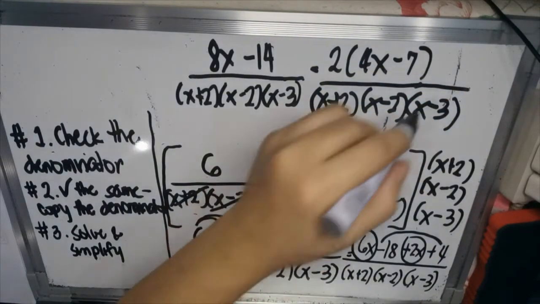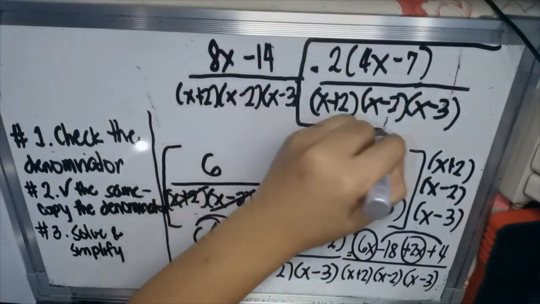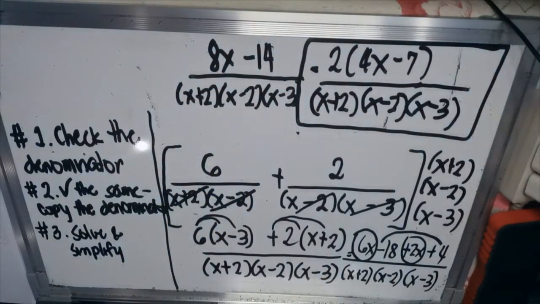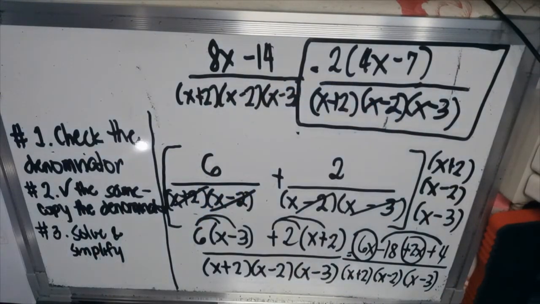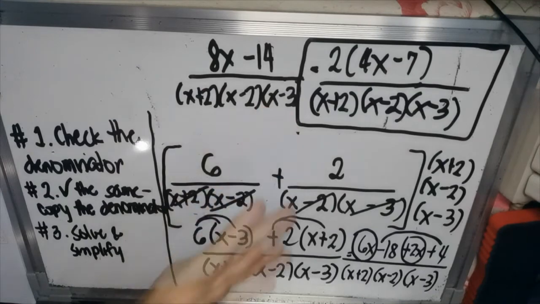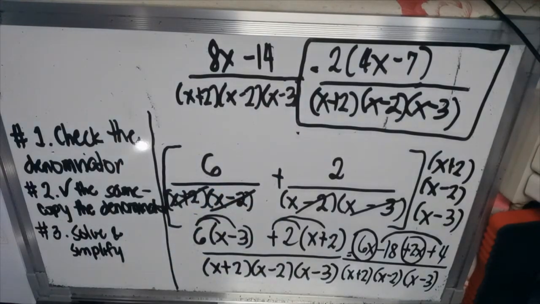And this is already our final answer. Kapag wala na kayong nakikita na pwedeng i-cancel, final answer na natin iyan. So, okay na iyan. Okay? Naintindihan ba? Okay, very good.